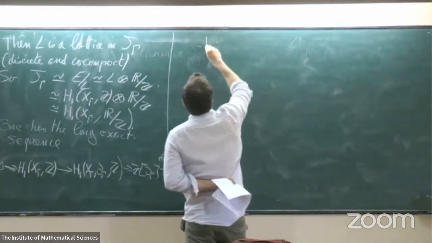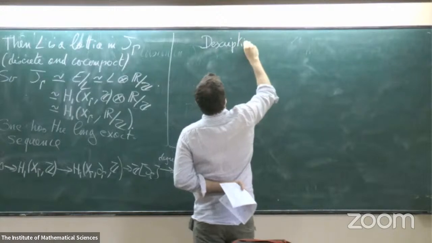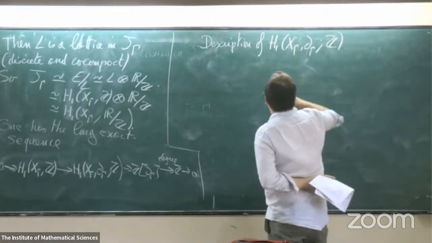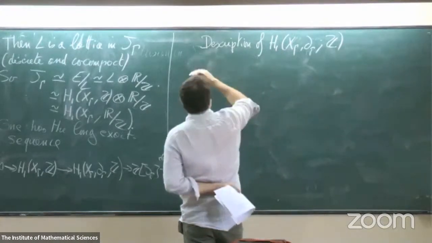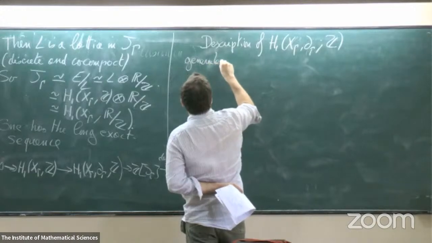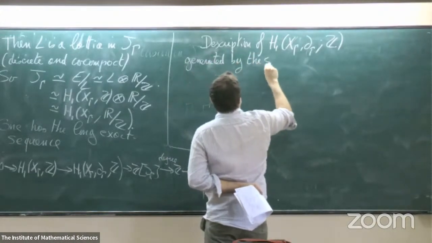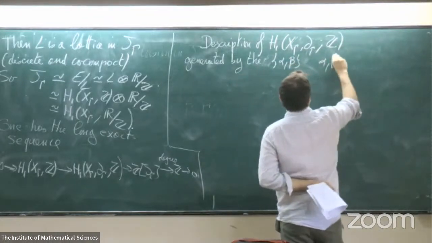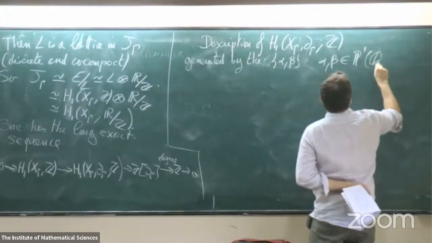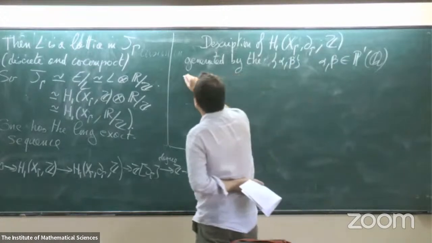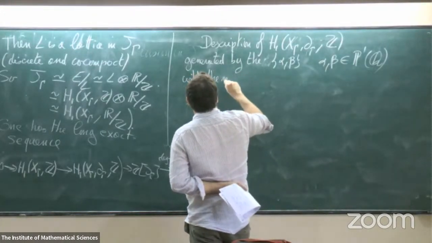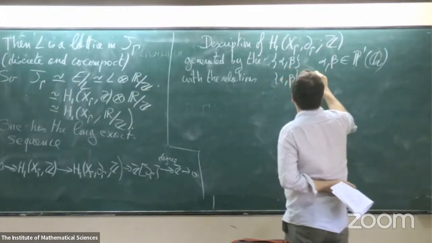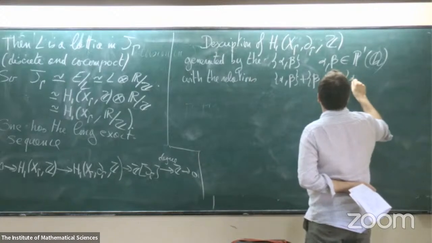So this is a group generated by the symbols alpha beta, with alpha, beta in P1 of Q, with the relations alpha beta plus beta gamma is equal to alpha gamma.